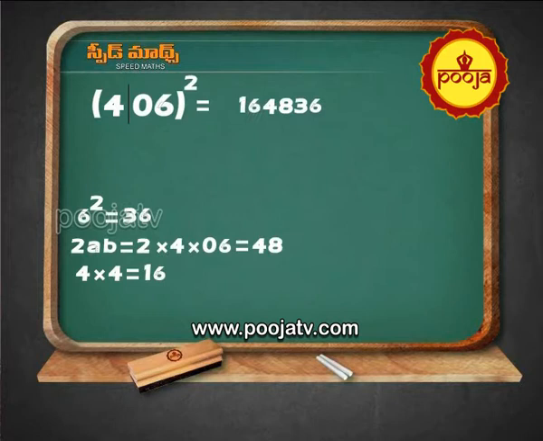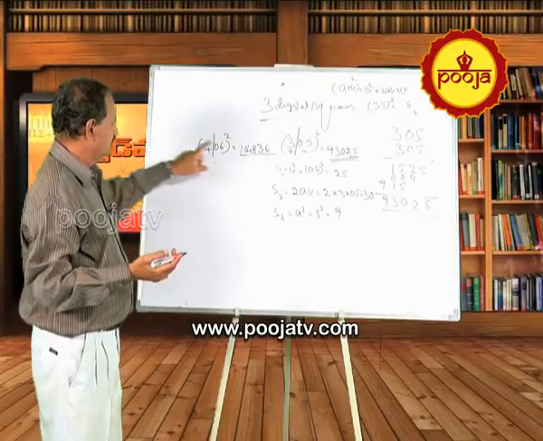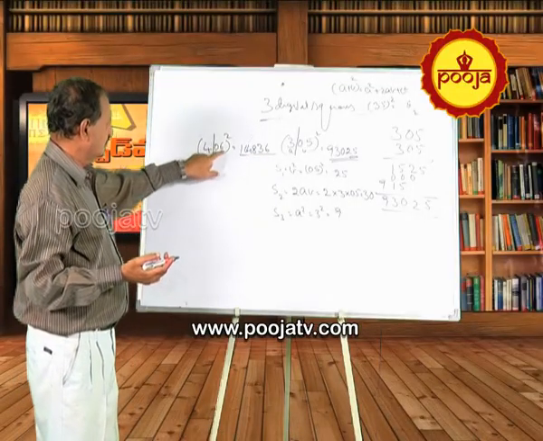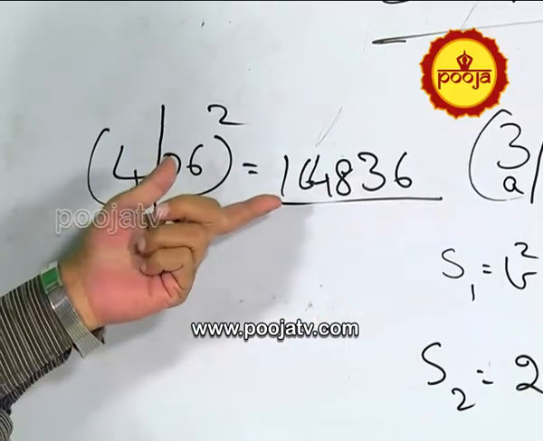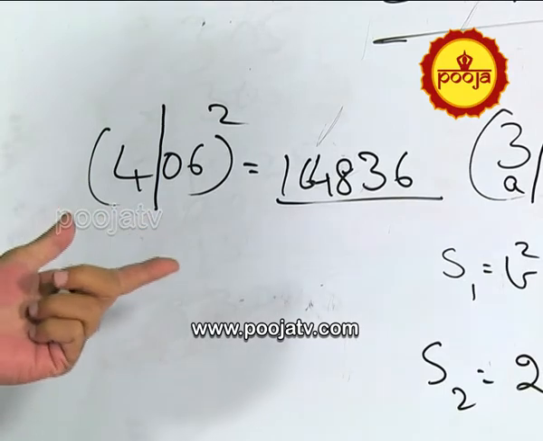And that is the answer. Will it take more than 2-3 seconds? 06 square is 36. 2AB is 2 into 4 into 6, 2 into 4 is 8, 8 into 6 is 48, and 4 square is 16. Like that you can do.